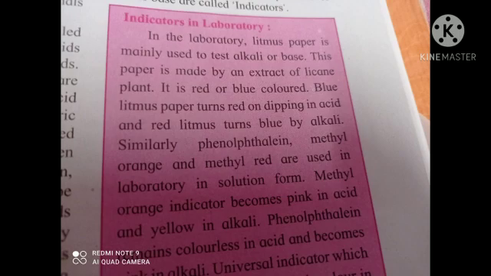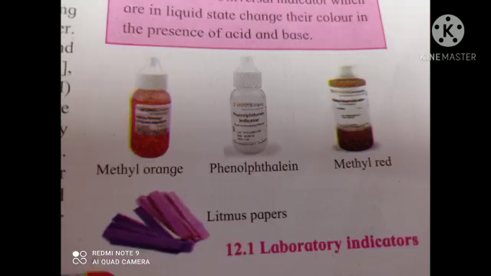Universal indicator changes its color in the presence of acid and base. In this picture, you are seeing laboratory indicators, for example, methyl orange, phenolphthalein, methyl red, litmus paper, etc.